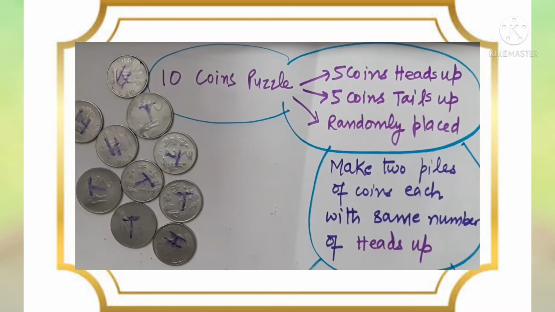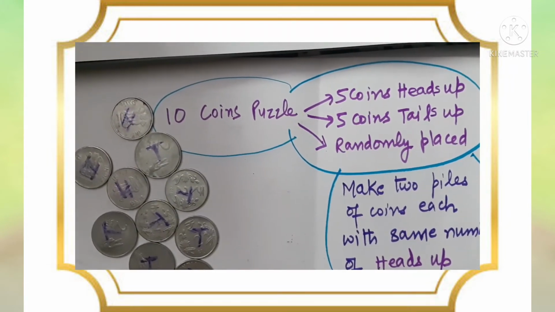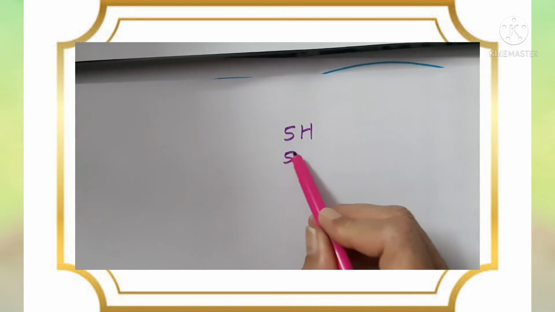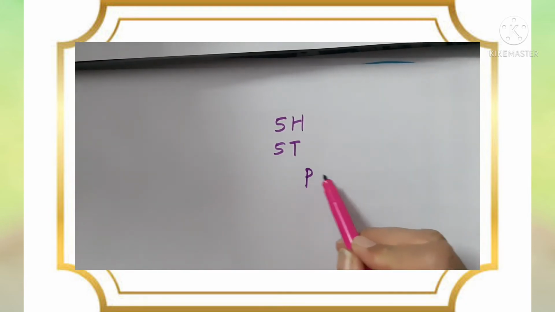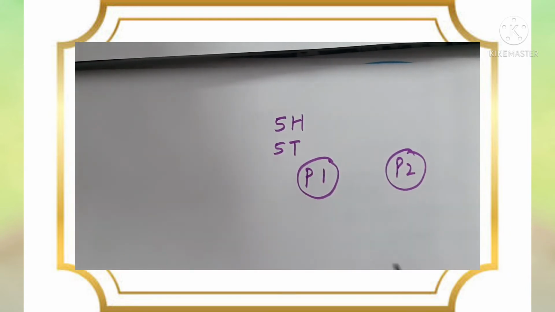Here you see that there are 10 coins, and we imagine we have 5 heads and 5 tails. We imagine that there are 2 piles, P1 and P2.